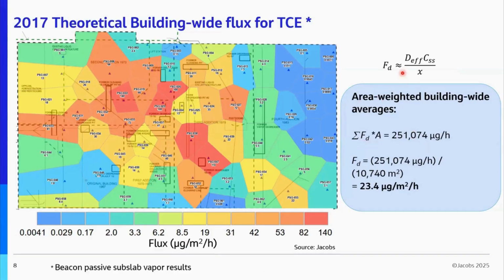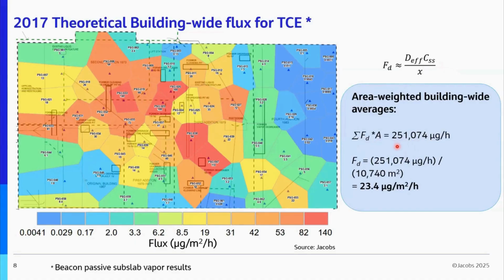When we do that, using that simplified Fick's law, we got about 250,000 micrograms per hour flux into this building slab based on that robust subslab data set.